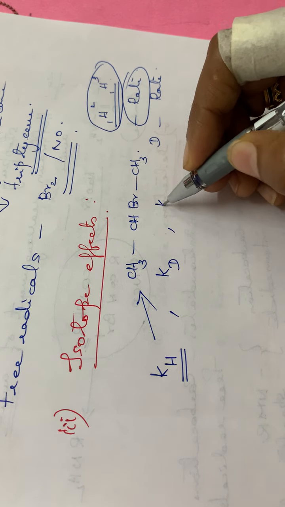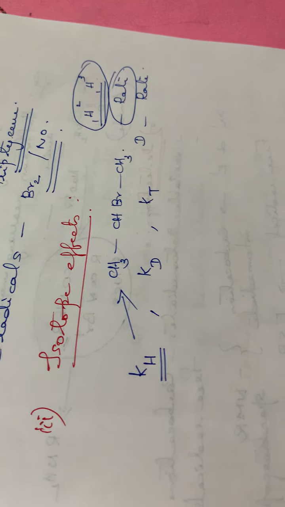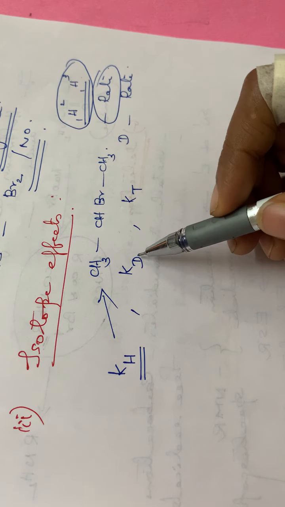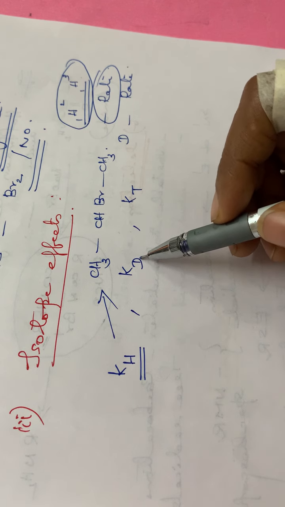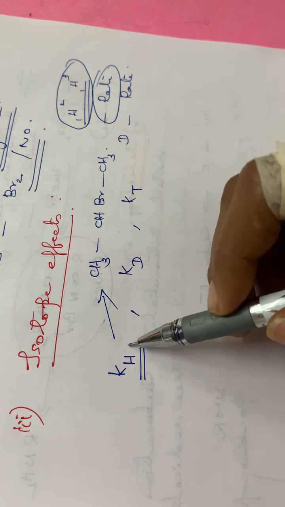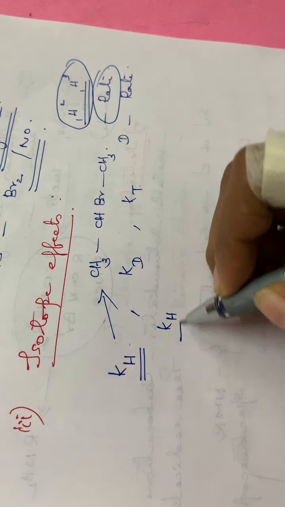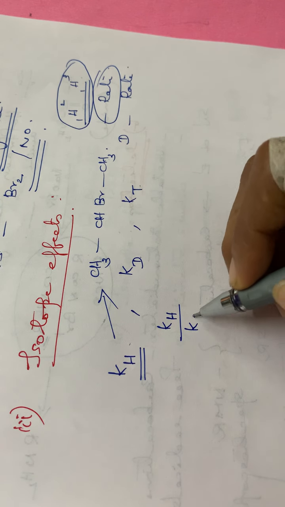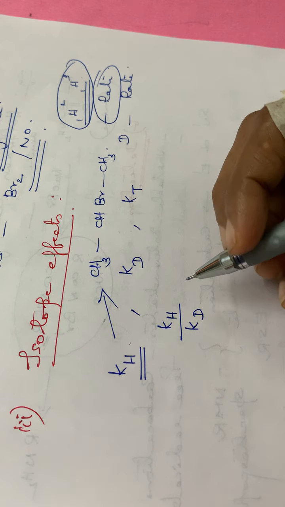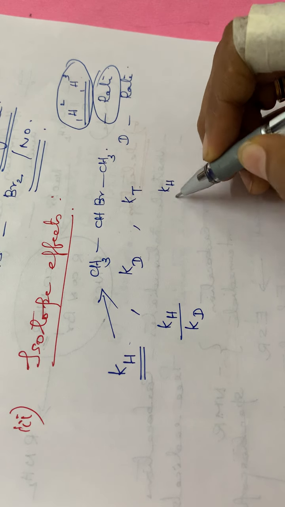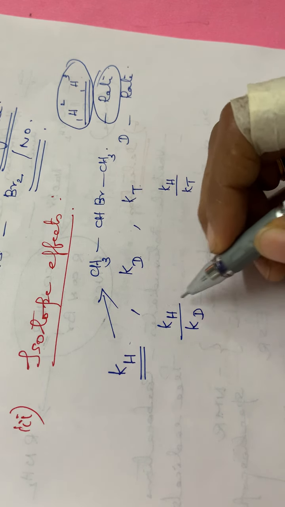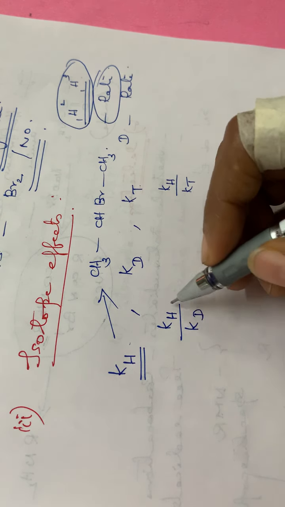And if it is replaced by tritium, we can write it as Kt. And then we can compare the rates, that is Kh by Kd or Kh by Kt. Okay, so we can write the ratios of the rate constants. We are comparing the rates of the reaction with that of hydrogen.